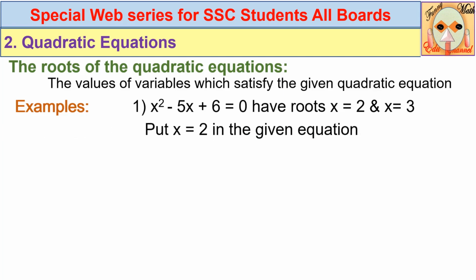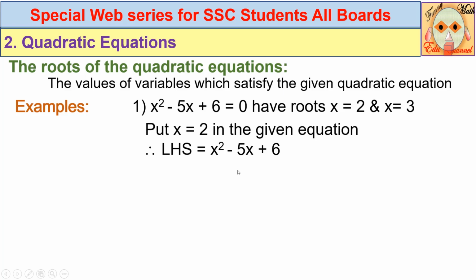For that, let us put x equal to 2 in the given equation. So take the LHS first. This was the LHS of the given equation, that is x square minus 5x plus 6, and the RHS is given to you as 0, but we are not going to take the RHS. We are only putting x equal to 2 in the left hand side.